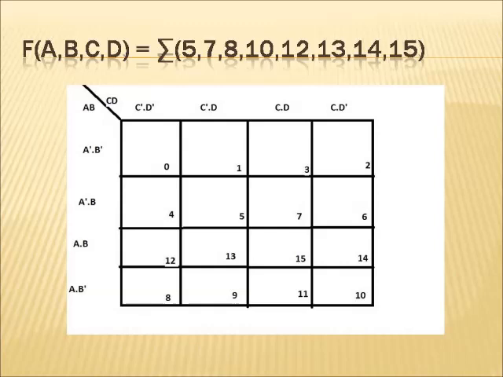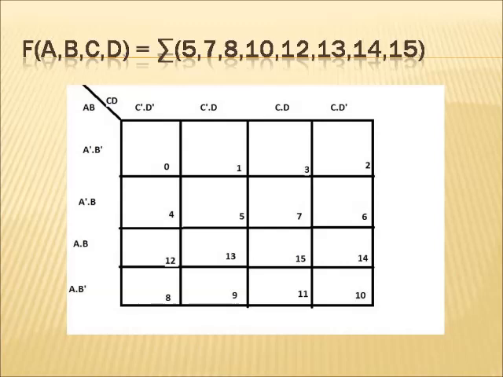Okay, here you can see the SOP expression and it is a 4 variable. So I have drawn the KMAP for a 4 variable, right? So you can see on the left side it is AB and upper side it is CD, right? So the values are also marked there.